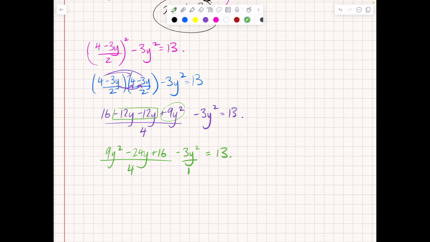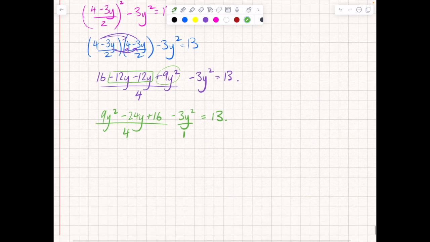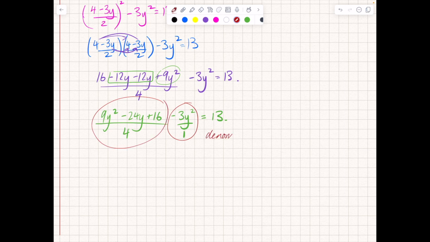So I'm in a position now where I've got everything tidied up. But what you need to be careful of is this concept here. I cannot put this with this because the denominators are different. Okay, so if you started to do that now, you need to pause this, try again, and go back and correct this. The denominators need to be the same, which means what I've got to do here is times this by 4. So when I multiply that by 4, I'm timesing the top by 4 and the bottom by 4.